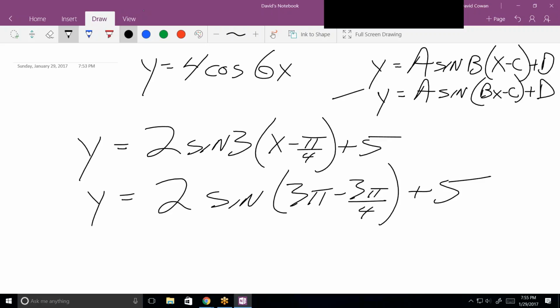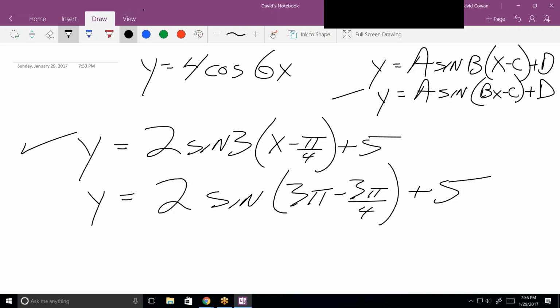Notice that this top one fits my first format. And the beauty of that is that pi over 4 is the phase shift. In other words, my preferred format is this first one, because you immediately know what B is and you immediately know what the phase shift is.